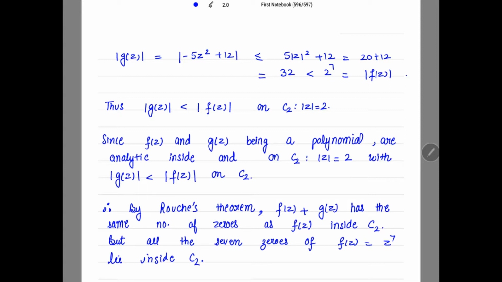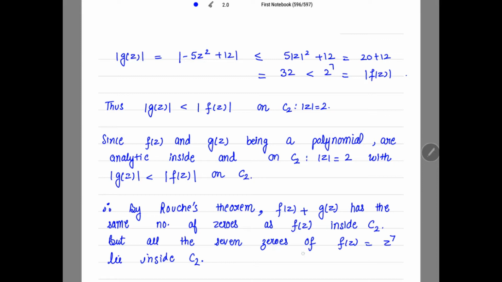So we get that mod of g(z) is strictly less than mod of f(z) on C2 also. Now since f(z) and g(z) are polynomials, these are analytic inside and on C2 with mod of g(z) strictly less than mod of f(z) on C2. So by Rouche's theorem, f(z) plus g(z) has the same number of zeros as f(z) inside C2.